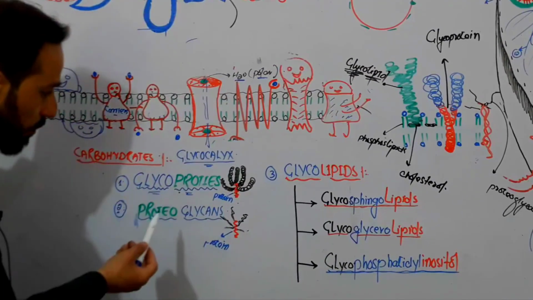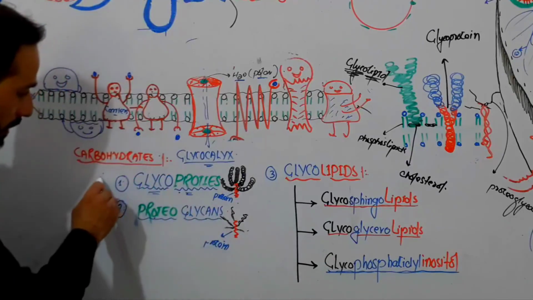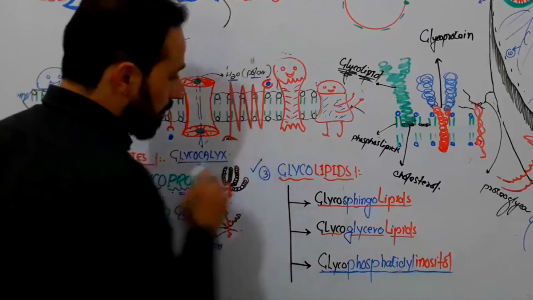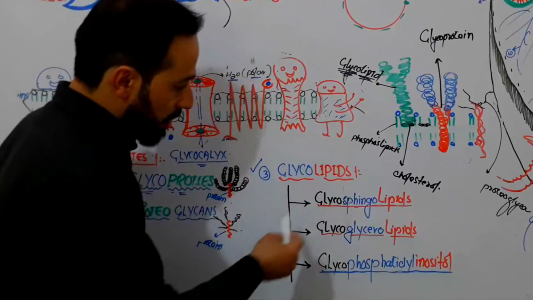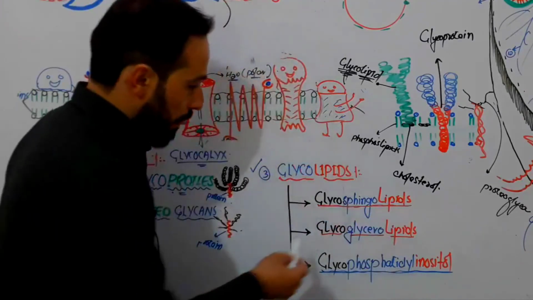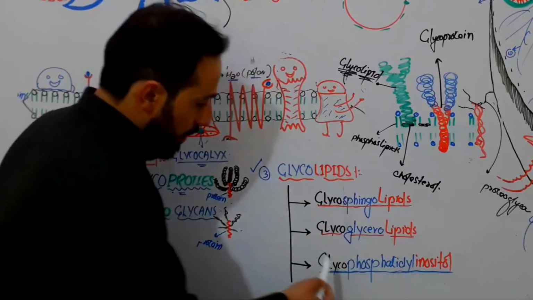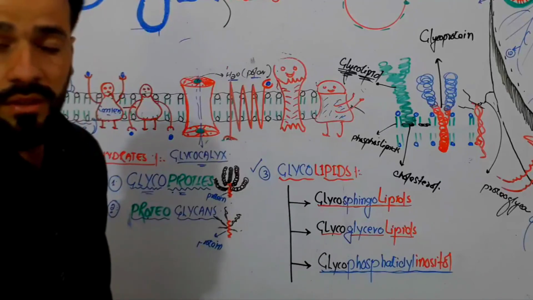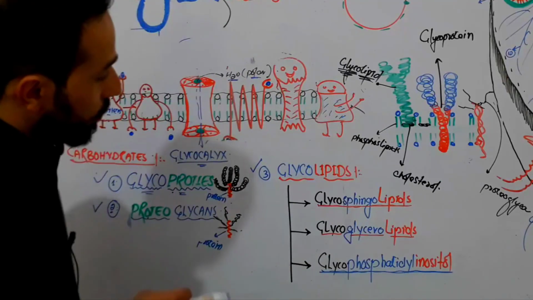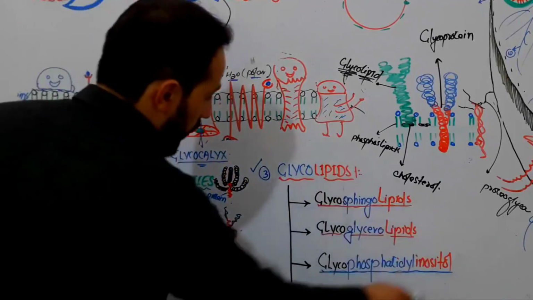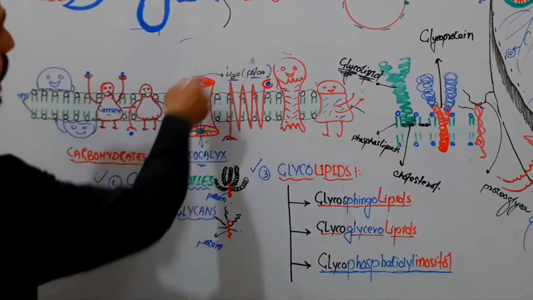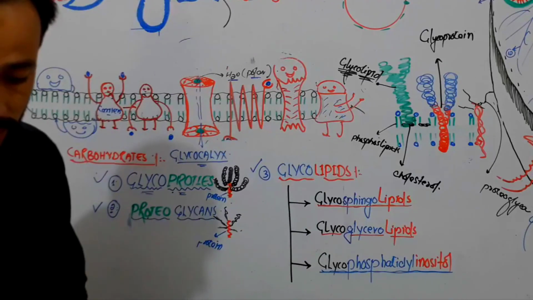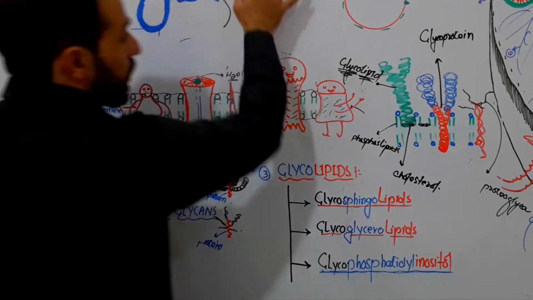Carbohydrates which are found in the cell membrane may be glycoproteins, proteoglycans, or glycolipids, but glycolipids may be glycosphingolipids, glycoglycerolipids, and glycophosphatidylinositol. In the form of these they may be found. So friends, these are the carbohydrates which are found in the cell membrane of our cell.